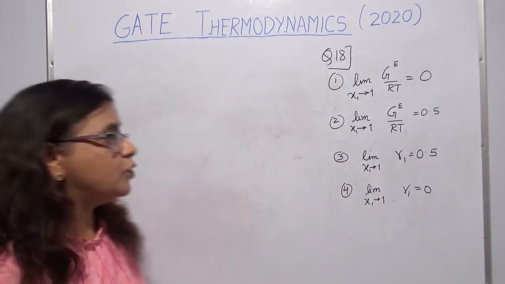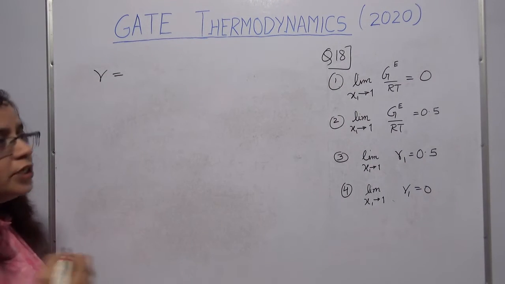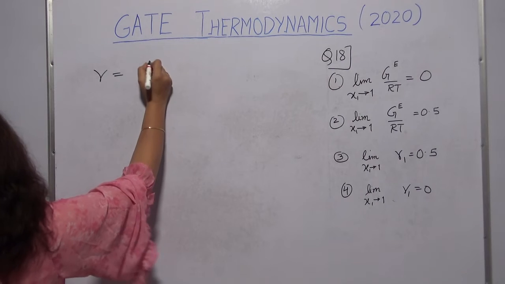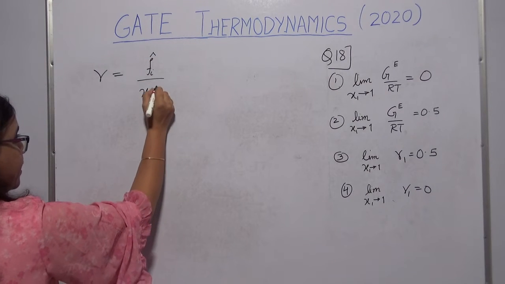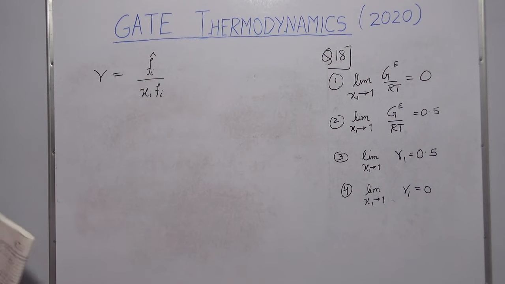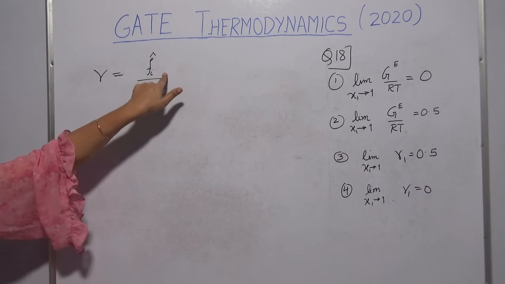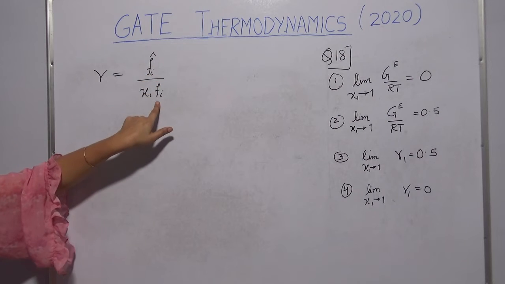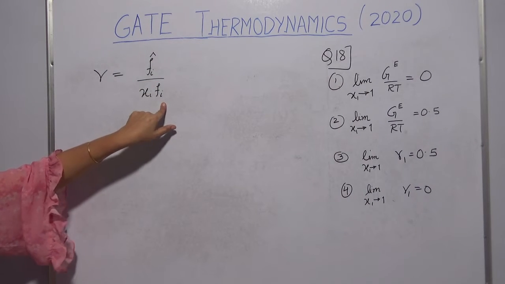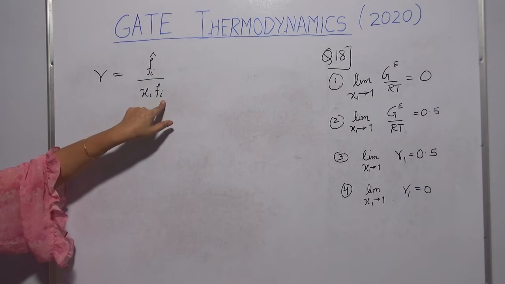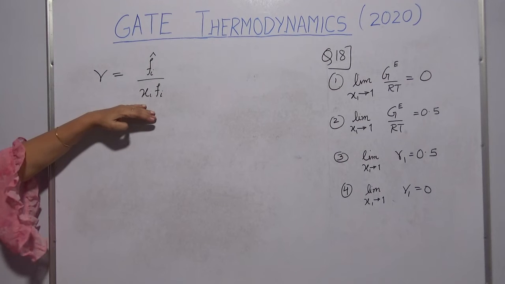But just to recap, your gamma, that is your activity coefficient, is given as Fi cap upon Xi Fi, where your Fi cap is the fugacity of species i in the solution, and Fi is your fugacity of species i in its pure state at the same temperature and pressure as that of your solution. Okay, so this is how it is defined.